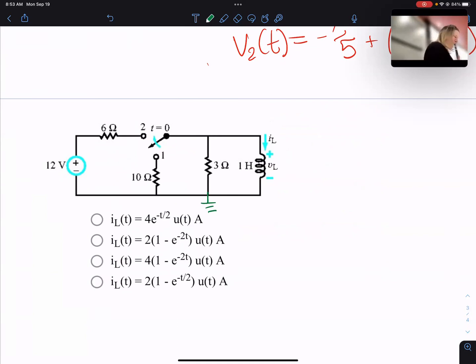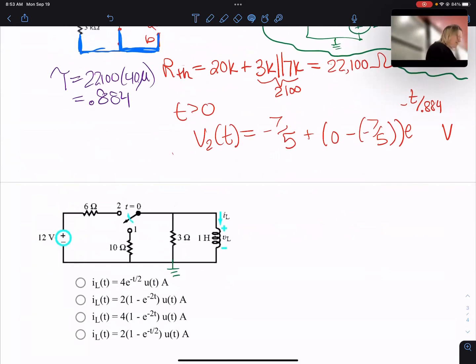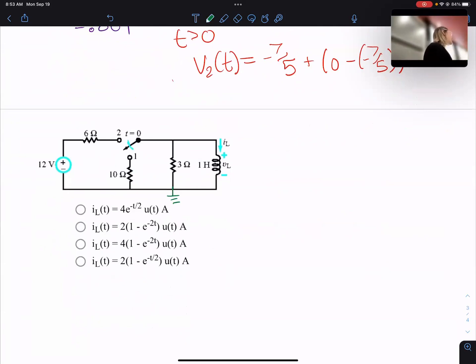Okay, all right, so we're gonna do this circuit, same steps, except for now that the tau is gonna be different. So we have tau is, what is tau? Everybody?